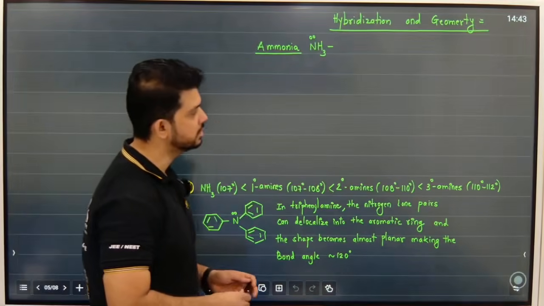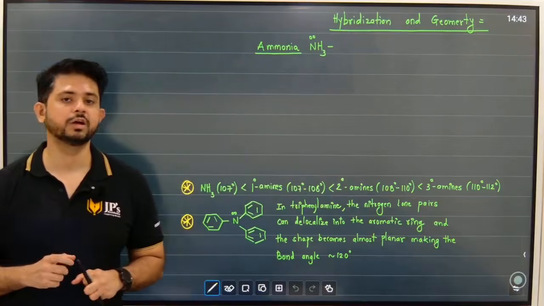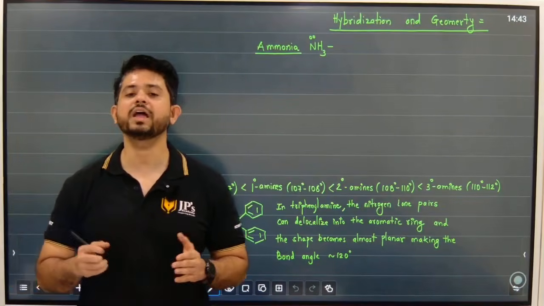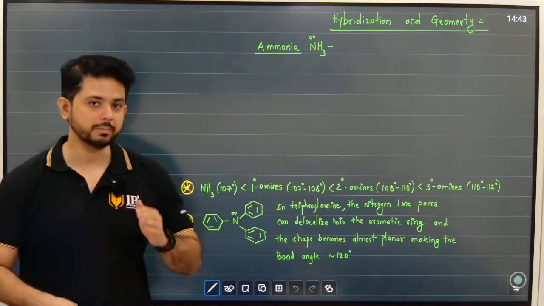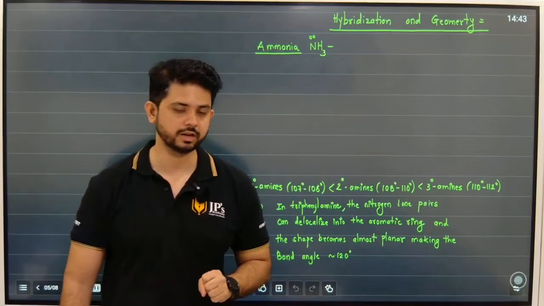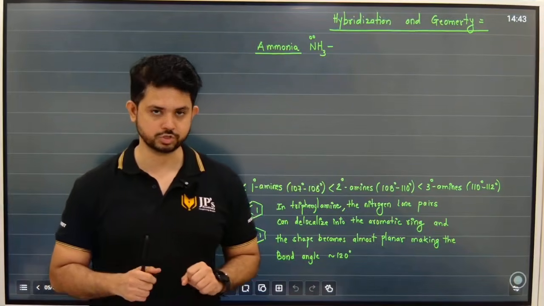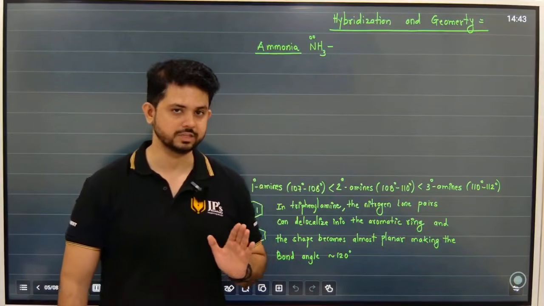Now next students, we need to study hybridization and geometry of aniline. Now I hope everyone knows chemical bonding. If in chemical bonding you've not done hybridization and valence shell electron pair repulsion theory, I request you all to please watch the video on hybridization.